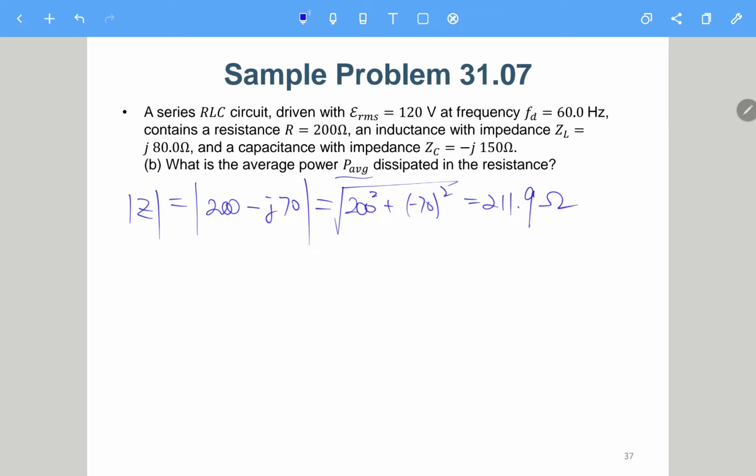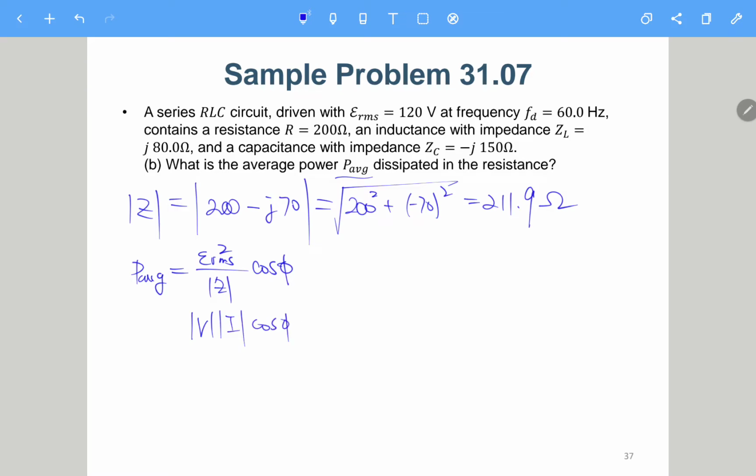This is the absolute value of the impedance, and the P average will be ERMS squared over the absolute value of Z, multiplied by cosine of phi. Which is just like the absolute value of V, the absolute value of I, and then cosine of phi.